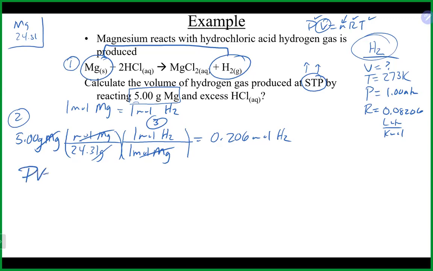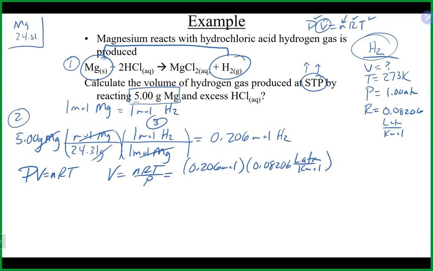So our PV equals nRT, solving for volume, nRT divided by P. 0.206 moles times 0.08206 liters atmosphere per Kelvin mole, and our 273 Kelvin divided by our 1 atmosphere here.